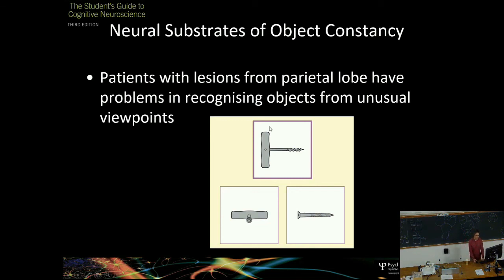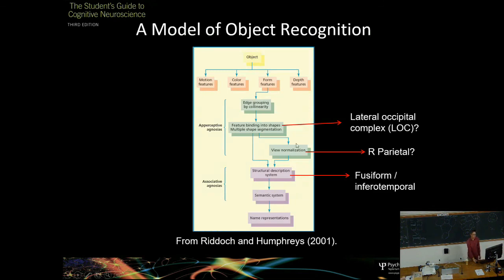And again, there are some patients who have particular problems in this kind of task. They might be able to recognize objects when they're presented in a typical view, but not when they're in an atypical view, which suggests that they can match them either on the basis of features or other things, but they cannot do this kind of transformation. And that's why there might be a separate route that's involved in rotating images into a standard space, enabling you to recognize them.